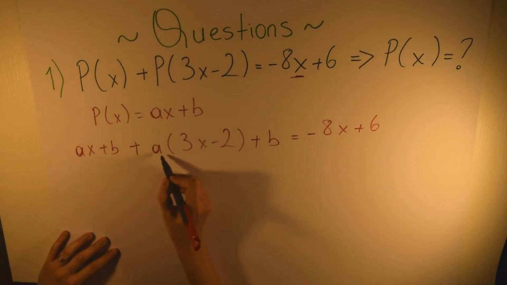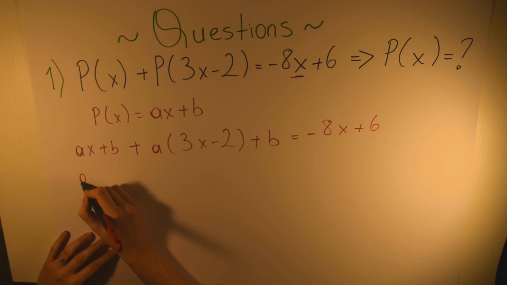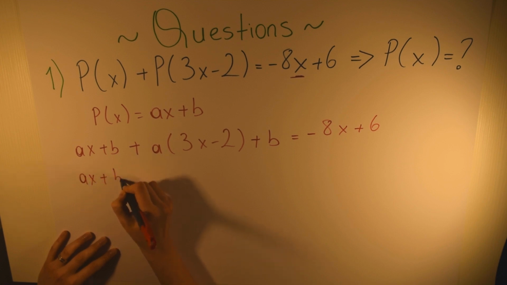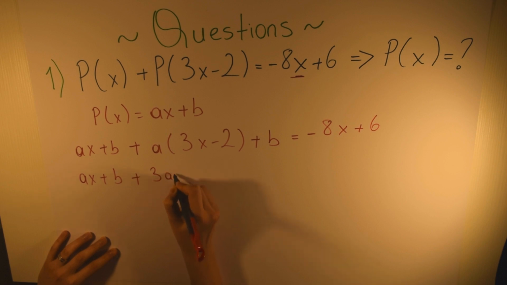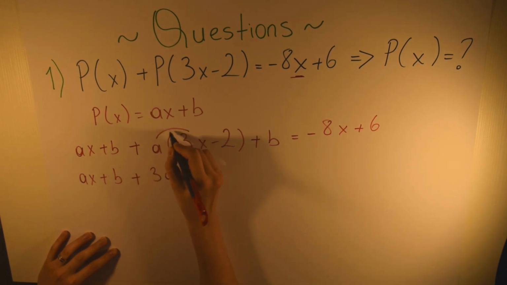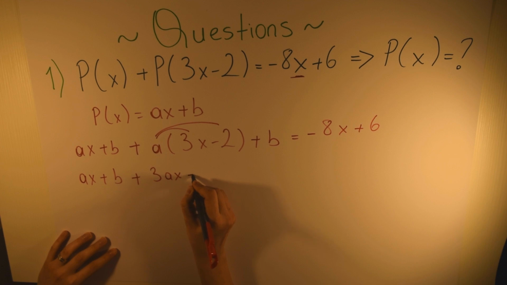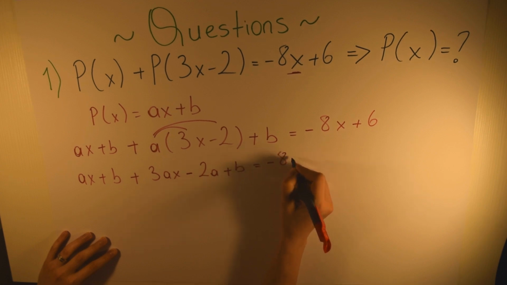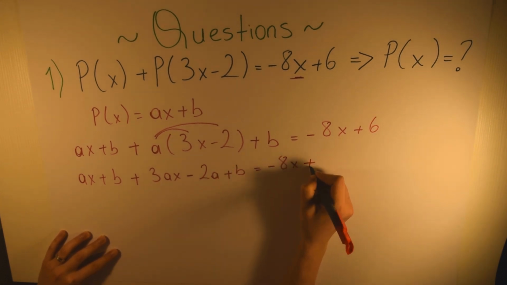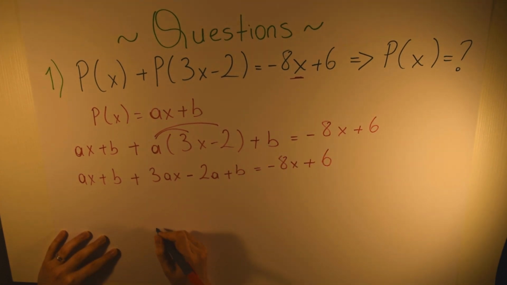Let's expand this expression: ax plus b plus 3ax minus 2a plus b is equal to minus 8x plus 6.